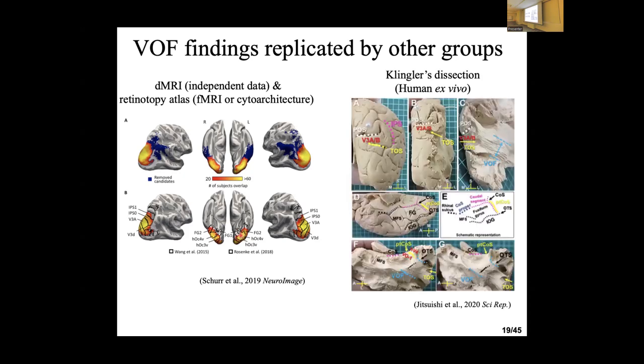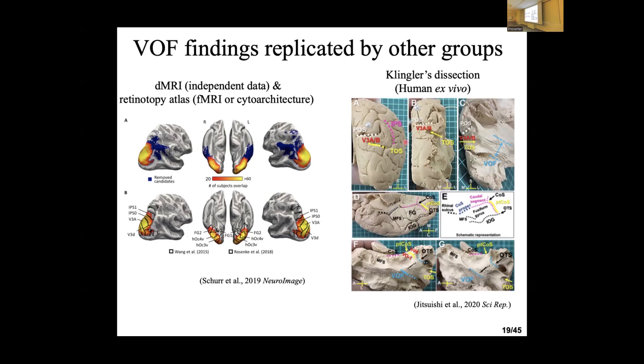Stephanie just introduced our Klingler dissection method. This is another paper from a Japanese group at Chiba University. I hadn't met them until recently, which is interesting. Basically, you cannot measure retinotopy in the post-mortem brain. However, they tried to find sulcal landmarks which are known to be close to particular retinotopic areas. They decided from where their dissection started.